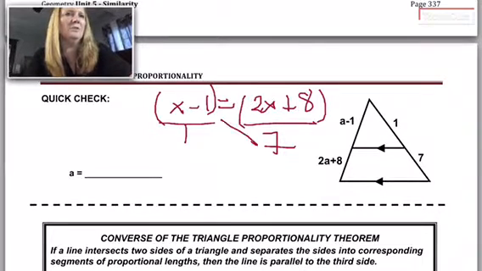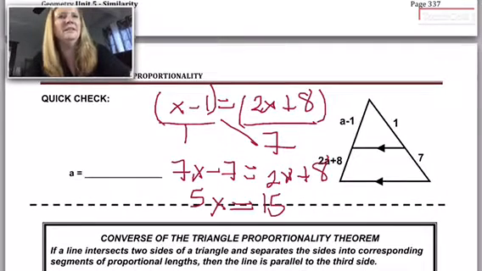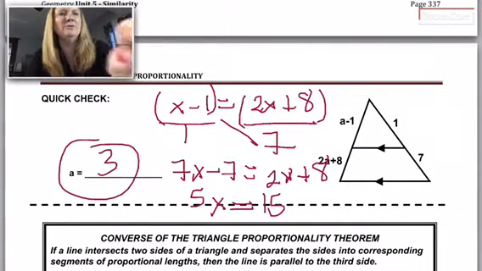And then when I cross multiply, I get 7x minus 7 equals 2x plus 8. So subtract 2x and you get 5x is equal to, if you add 7, 15, x equals, or a equals 3.